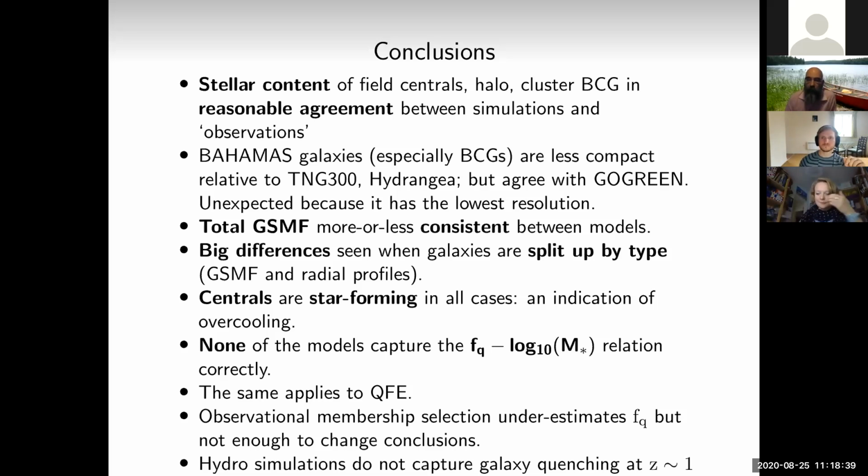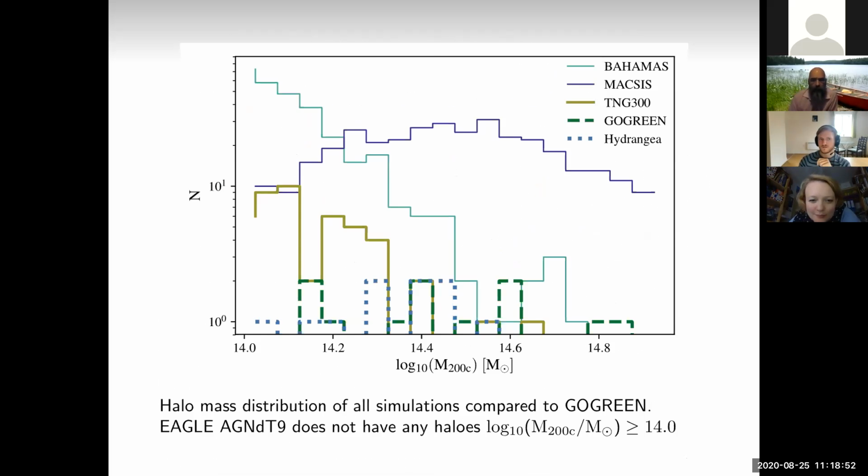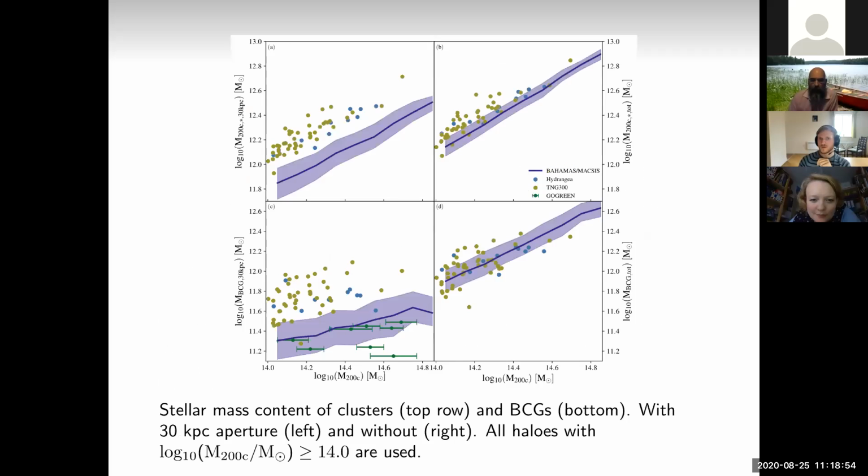So we've got a question from Liza Sasnova. How is the compactness of Go Green galaxies measured? I'm guessing this is referring to the BCGs. Here? I think yeah, just BCGs, just general galaxies. Sorry, so what's the origin of your question? In what context are you talking about the compactness?